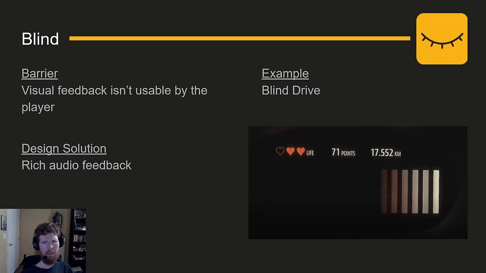This game uses binaural audio shifting sound from ear to ear to communicate oncoming obstacles, and this sort of thoughtful design made the game fully accessible to blind players.